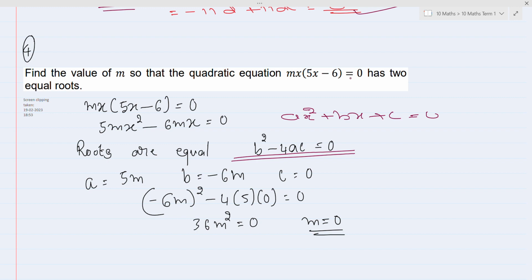So substituting that in the discriminant formula, b square minus 4ac is equal to 0, we get (minus 6m) whole square minus 5 into 0 is equal to 0. So the equation is 36m square is equal to 0, m value is 0.